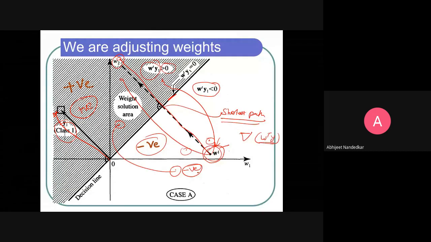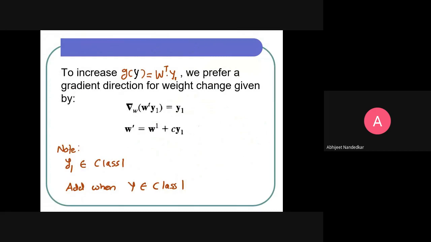So the gradient of this will give you Y1, that is nothing but your input vector.